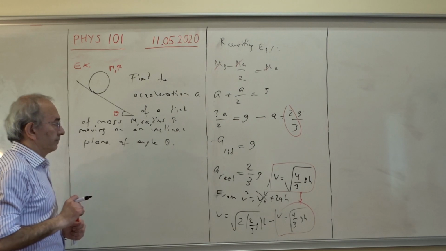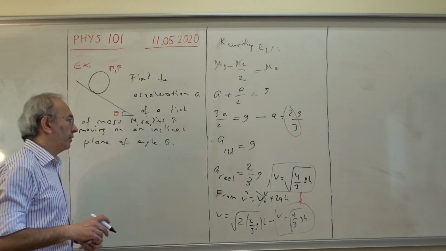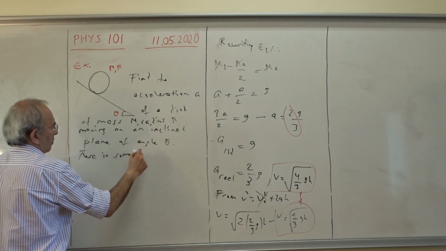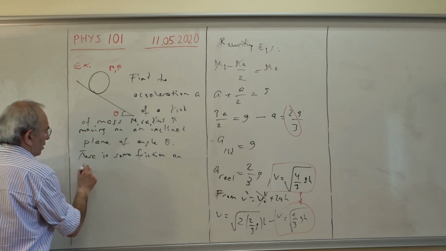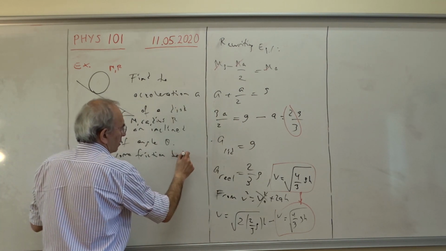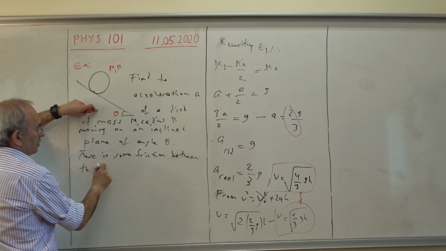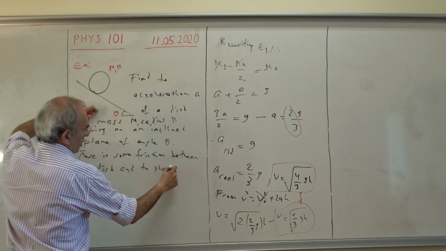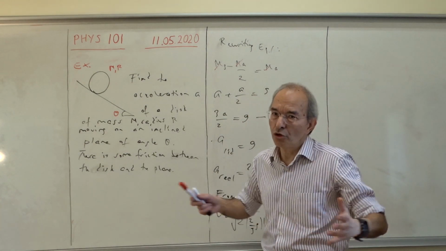And there is friction between the plane and the disk. There is some friction, but the coefficient is not given, so it means we don't need it.